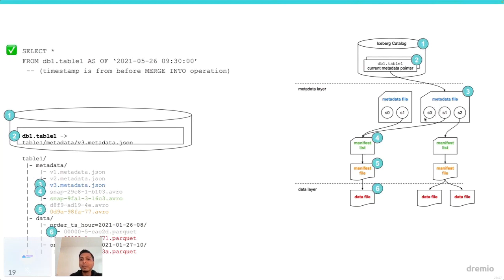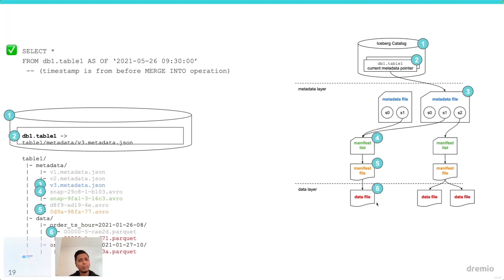Since Iceberg keeps a list of all the snapshots in the snapshot array, remember the array I was talking about where we look for the current snapshot ID? It will check for that particular user request and say, okay, it's for this particular timestamp, 26 May 2021, so this is that particular snapshot, not this one. Once we have that, we'll use that snapshot to get the manifest list info and the manifest file, and finally the data file.